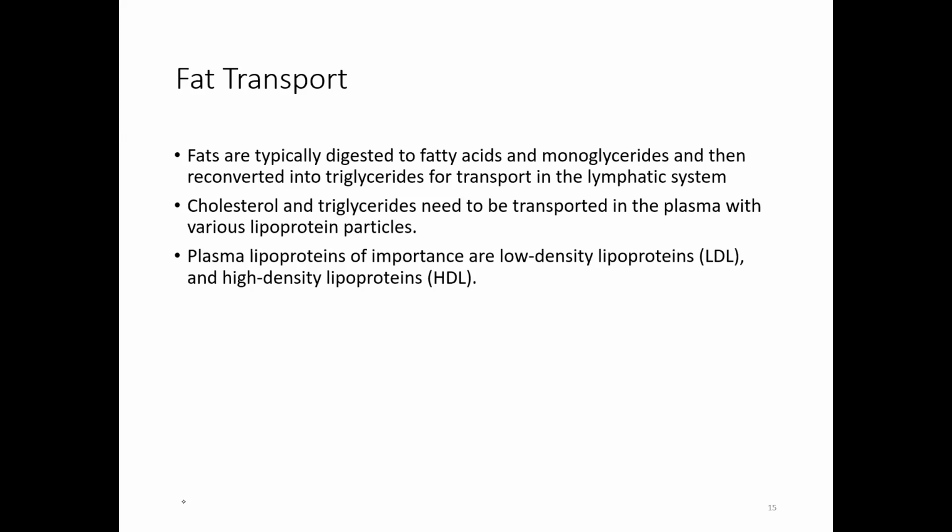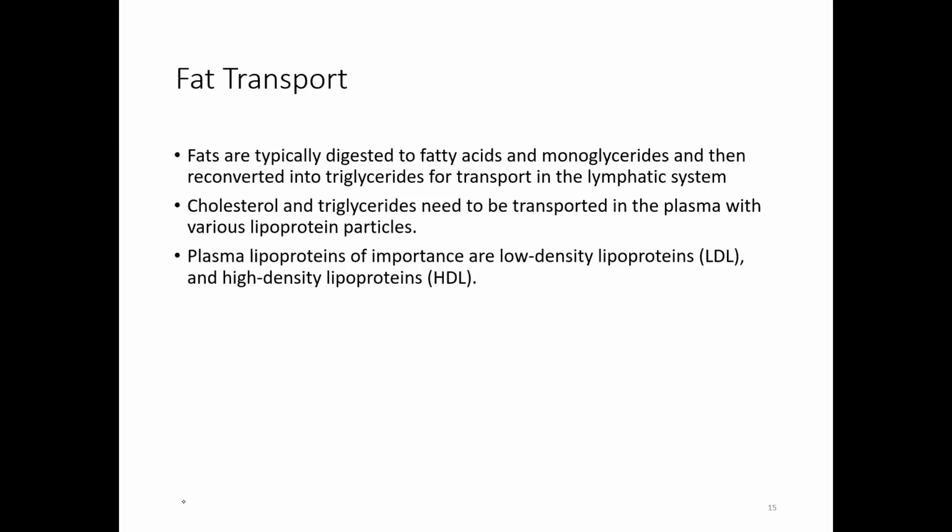But we eat fat in our diet. What happens to it? Well, we break the fat down to fatty acids and what we call the monoglyceride, one fatty acid chain. So when we digest them, we break them apart using bile salts in the small intestine.